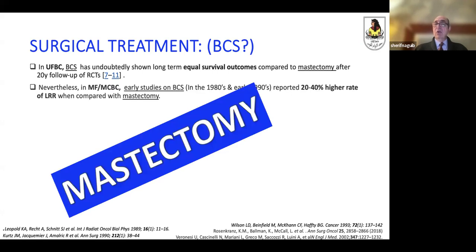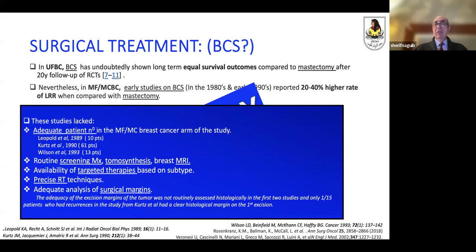Nevertheless, a closer look at these studies found that these studies lacked adequate patient number. They also lacked the use of routine screening mammography and advanced radiodiagnostic tools. Also, these studies lacked the use of targeted therapies and the standard chemotherapy that we use nowadays.